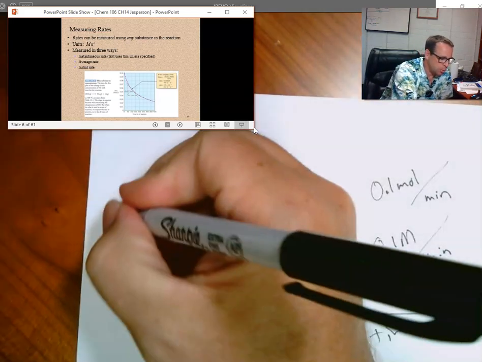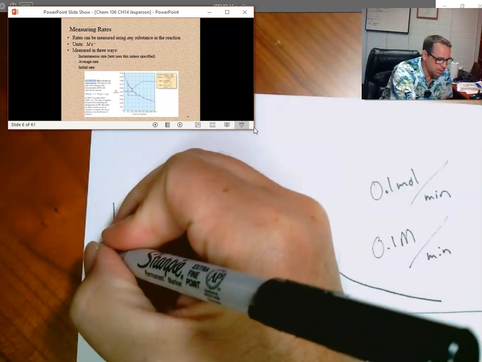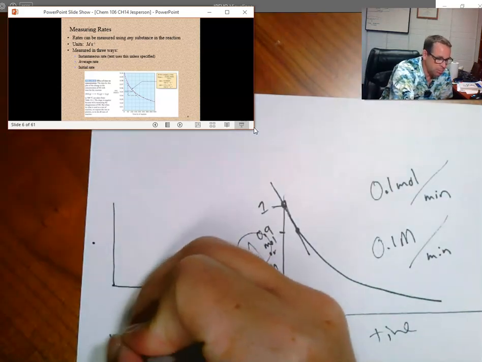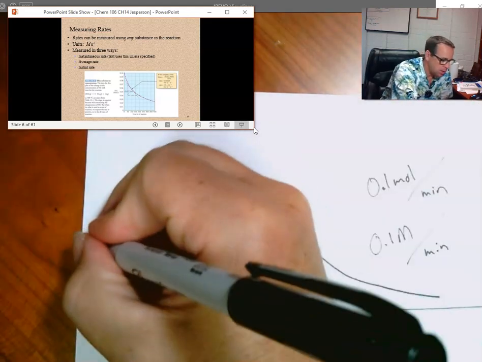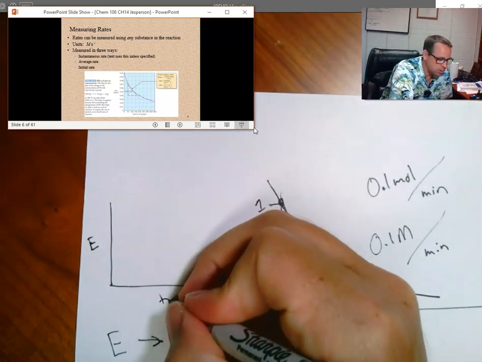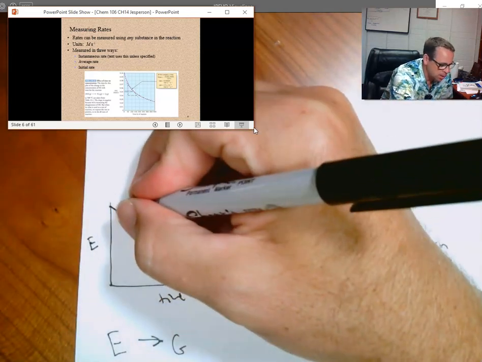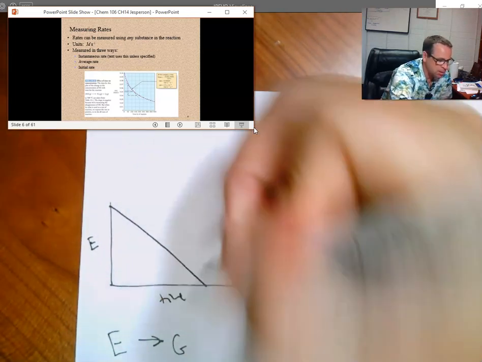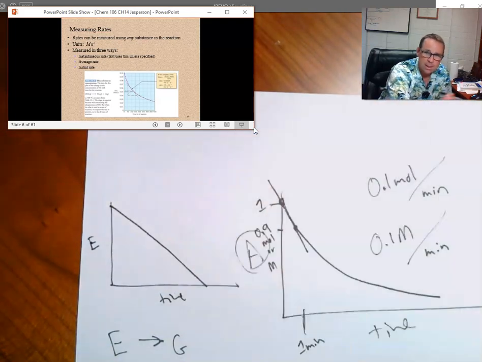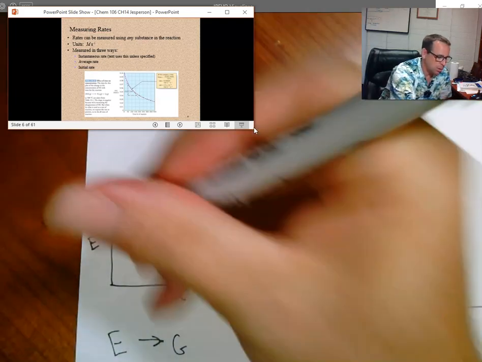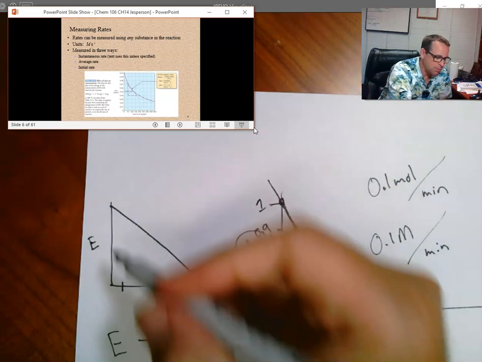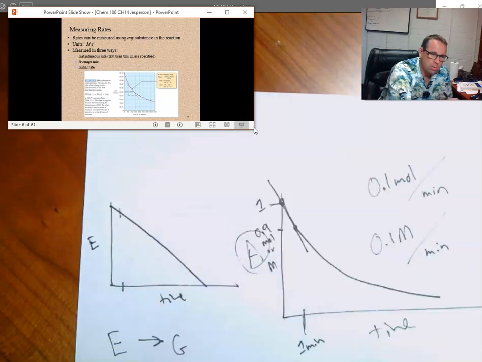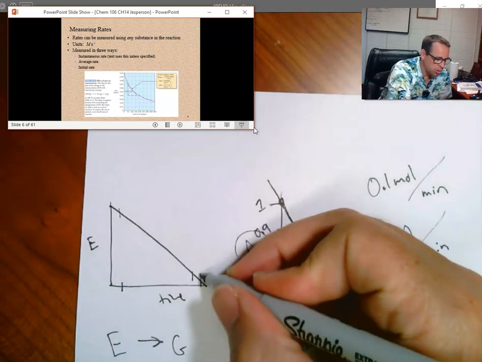Here is the slope of a different chemical reaction. Let's say this is chemical E going to G, and this is the amount of E versus time. Let's say the slope of this line is linear, meaning the rate at which it's disappearing is the same at the beginning of the reaction as at the end.